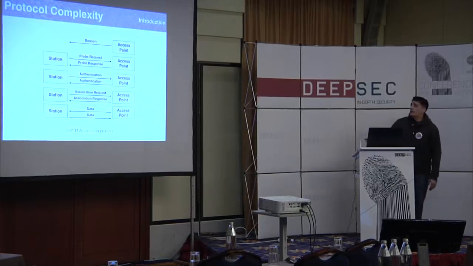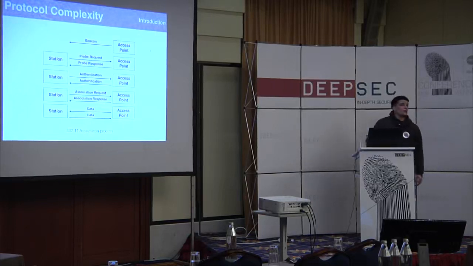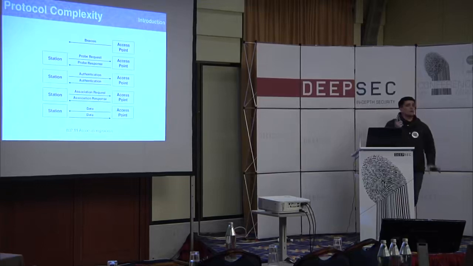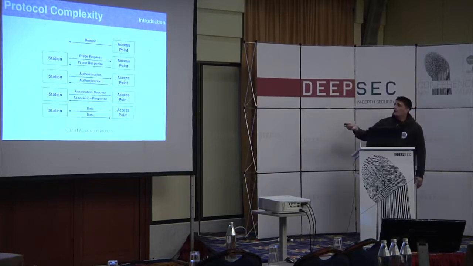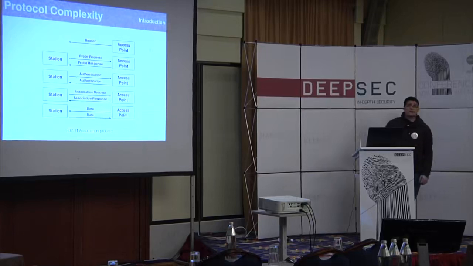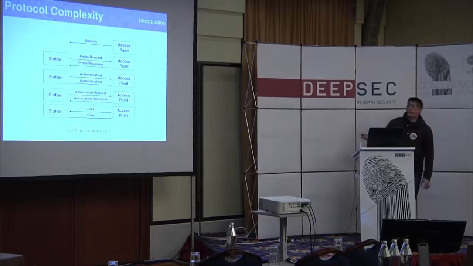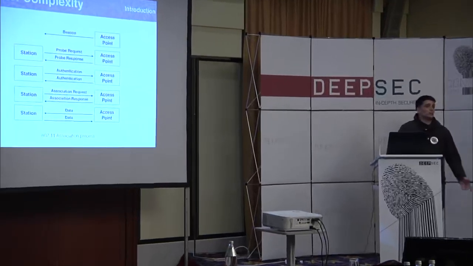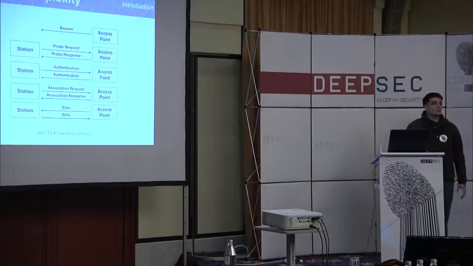So any station can associate to a network without sending even one data frame. This is important because I'm going to explain a way of getting information from Cisco devices, and any station can associate to an access point or network without even having the credentials to do it.